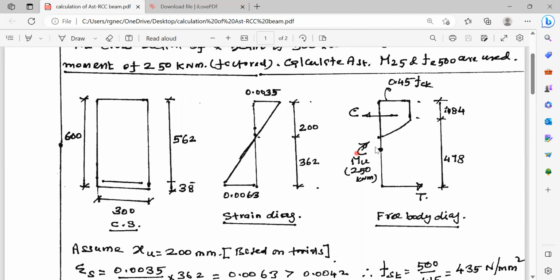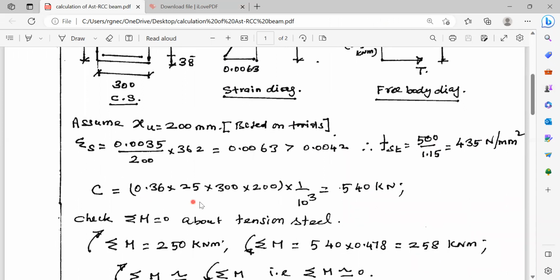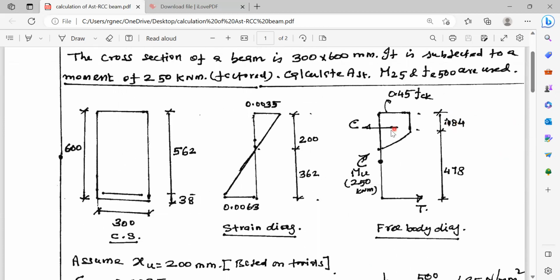And the compression, whatever we have calculated, that is 0.36 FCK into BXU. It is acting at a distance of 84 mm from the top.